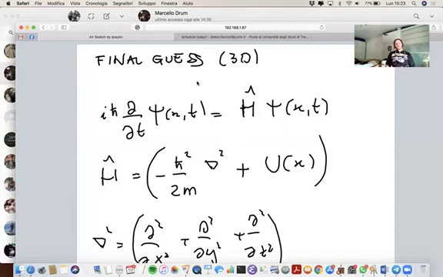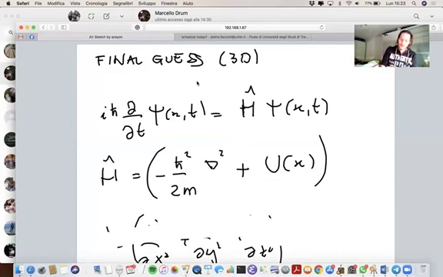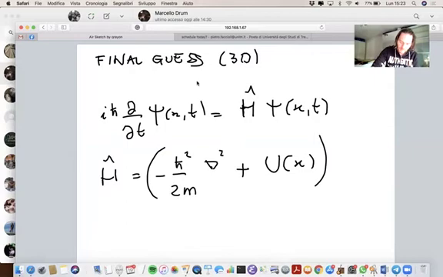This quantum Hamiltonian is again the sum of something that extracts the kinetic energy and adds the potential energy of the particle. So based on this, we shall refer to this differential operator H as the quantum Hamiltonian.